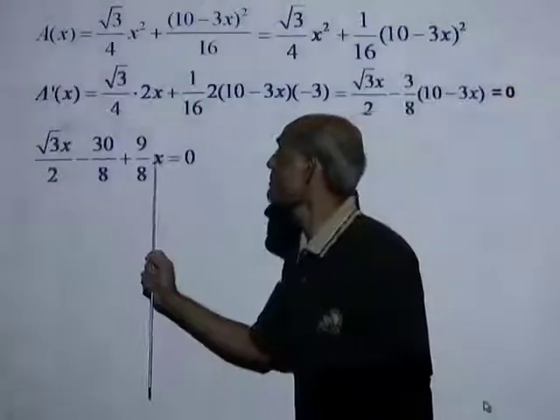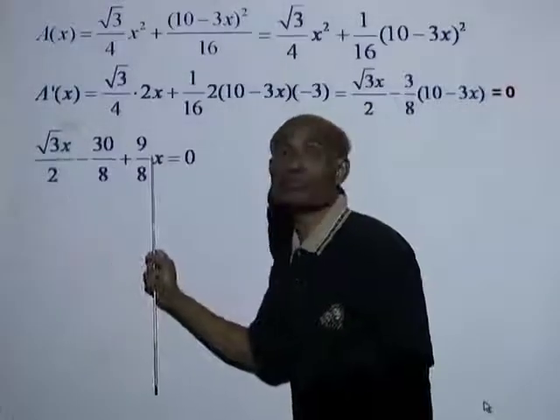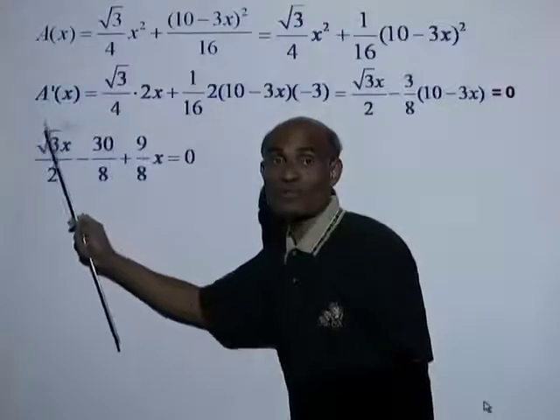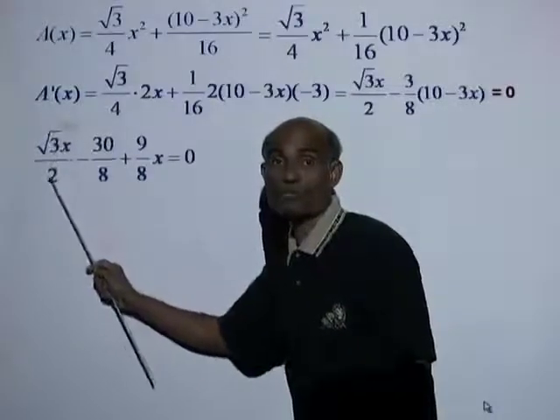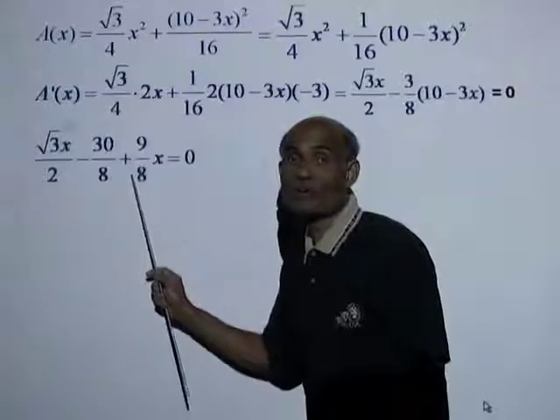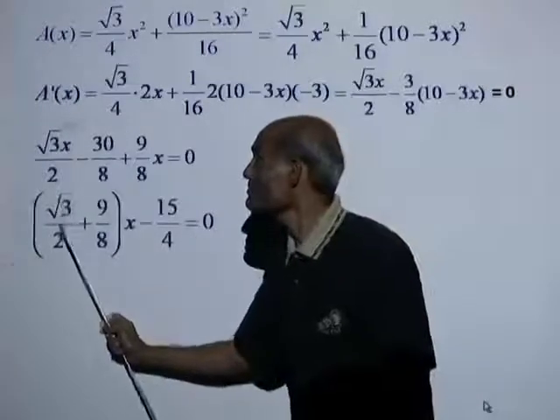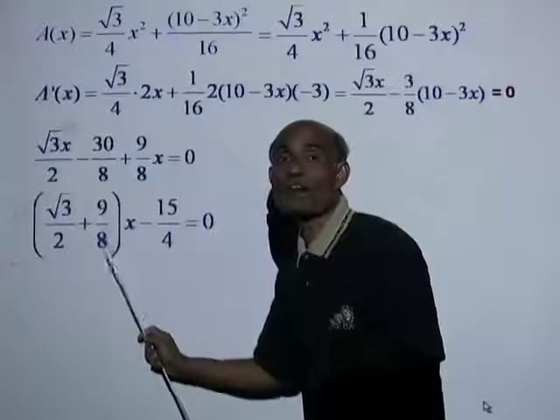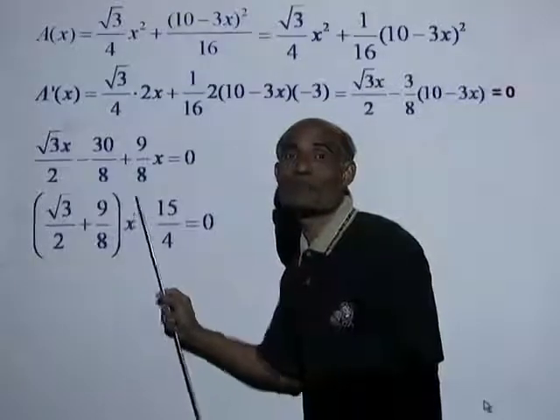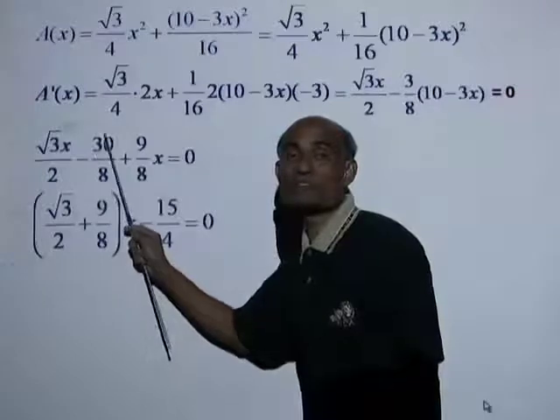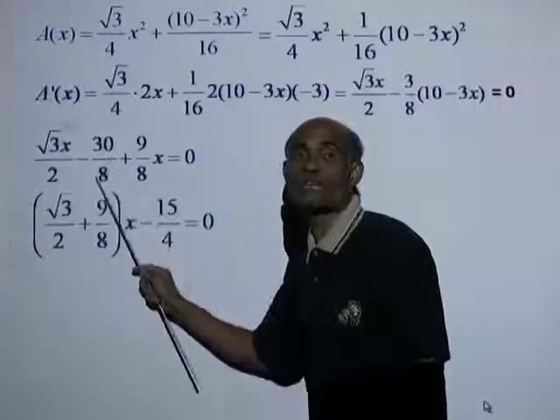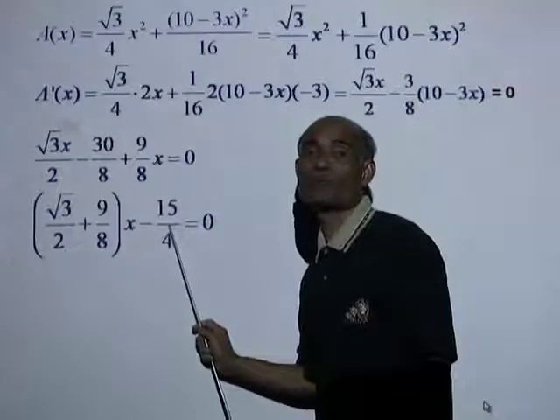And of course we combine the terms in x on the left side. Is that right? That would be (square root 3 over 2 plus 9 over 8) x. That's right. (Square root 3 over 2 plus 9 over 8) x minus 15 over 4. 30 over 8 is 15 over 4.